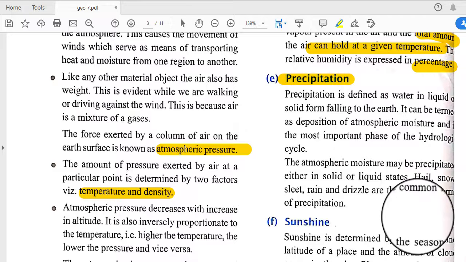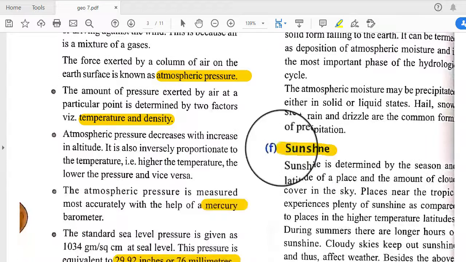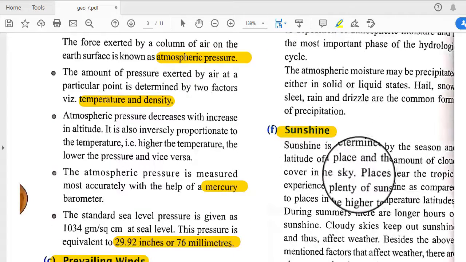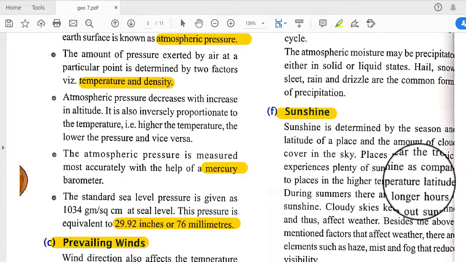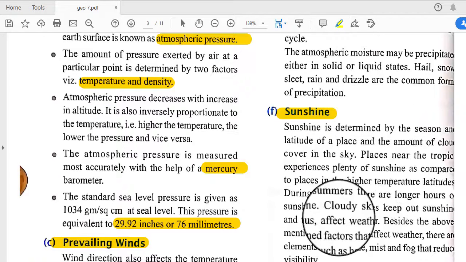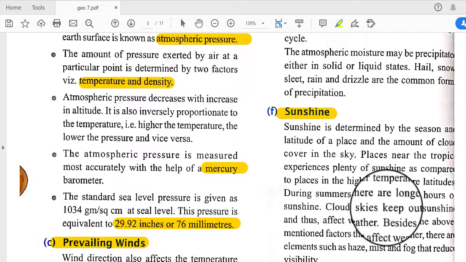Next is sunshine. Sunshine is determined by the season, the latitude of a place, and the amount of cloud cover in the sky. Places near the tropics experience plenty of sunshine compared to places in the higher temperate latitudes, and during summer there are longer hours of sunshine.